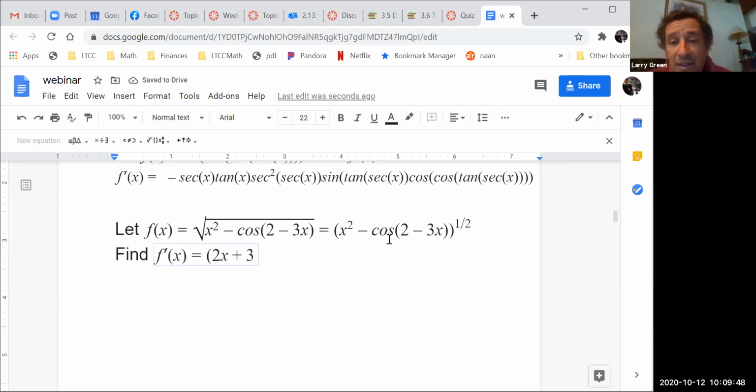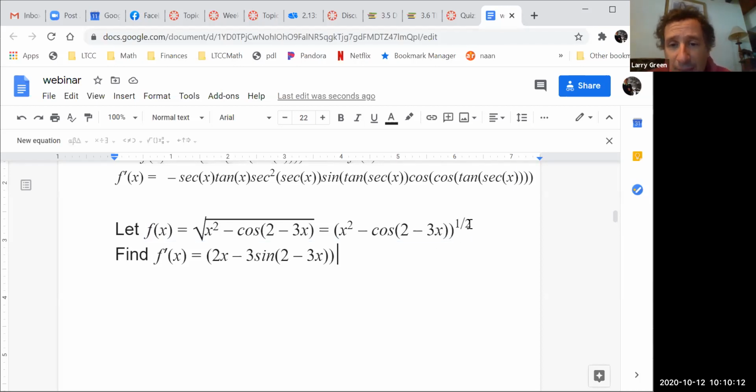And then times the derivative of the cosine. The cosine is negative sine. That makes it a minus again. You get a lot of minuses. And then sine of the inside, which is 2 minus 3x. So we now just found the derivative of this inside. And what makes this a little hard is that there's two different kinds of insides here.